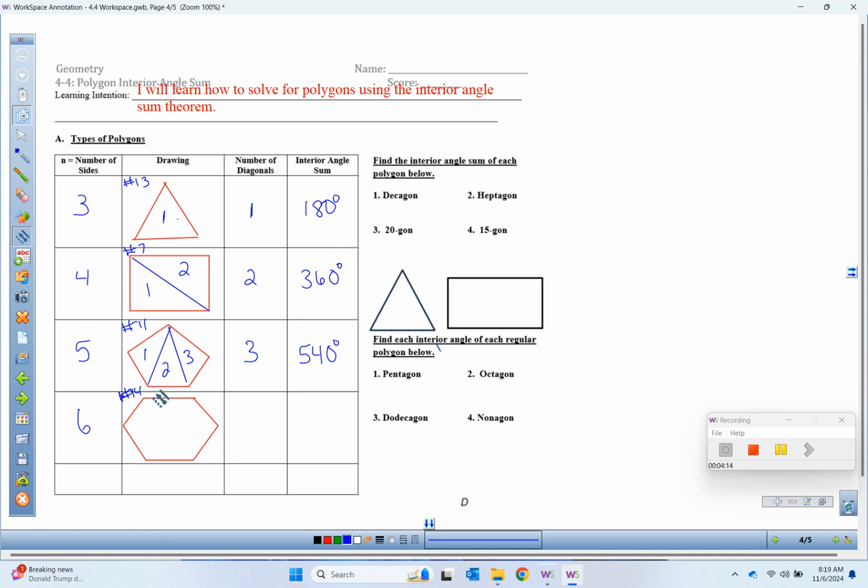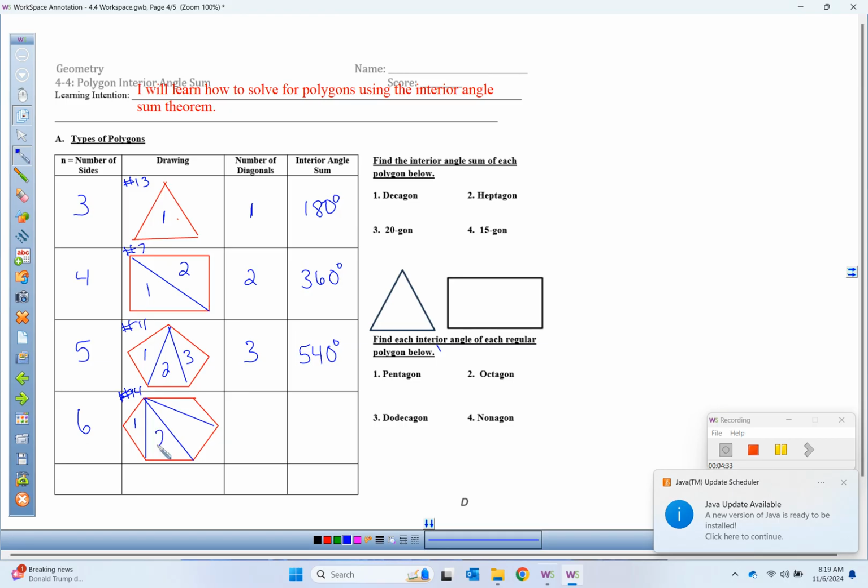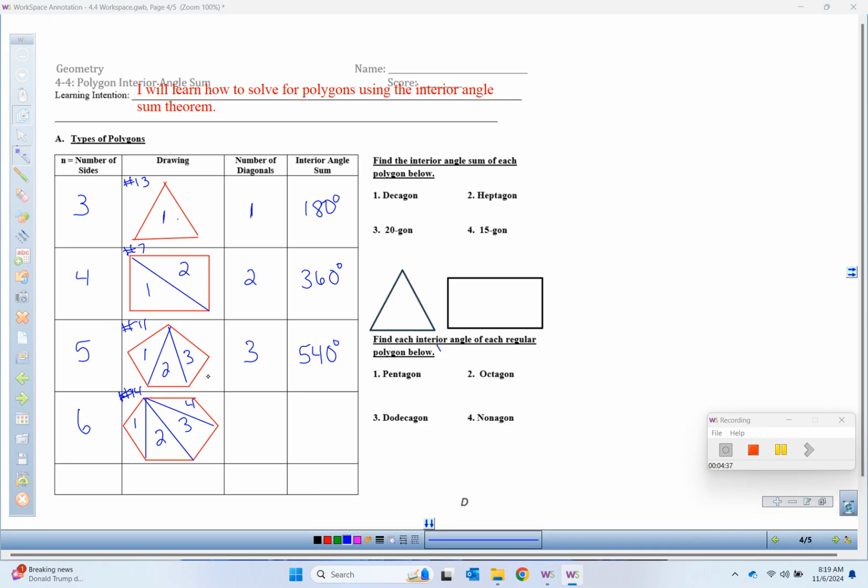All right, so if I were to take this one and do the same thing, I now get 1, 2, 3, and 4. And we have 4 diagonals. If I take 4 times 180, I get 720 degrees.